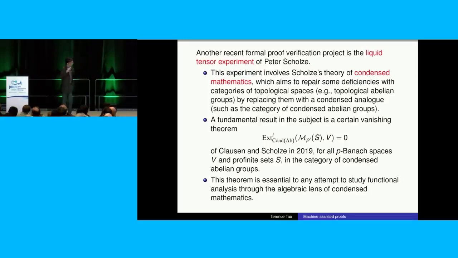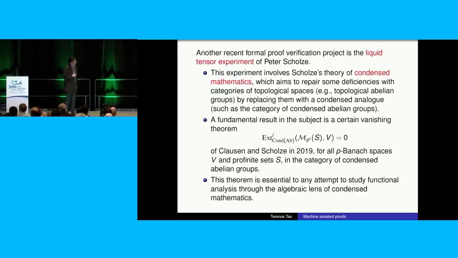So he proposed replacing all of these standard categories with a more fancy version called a condensed category, which has better category theoretic properties. And so the hope then is that you can use a lot more high-powered algebra to handle things with topological structure or analytical structure, like function spaces, for example, Banach spaces.